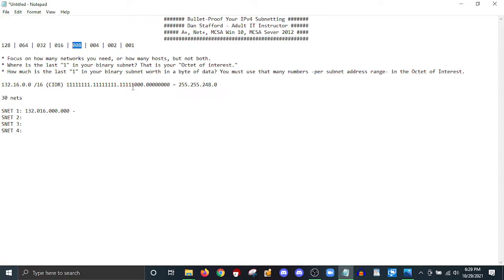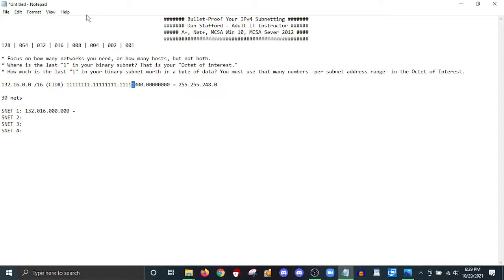So I must use 8 numbers in the 3rd octet per subnet range, because in its byte of data it has a value of 8, in the 8th bit position.